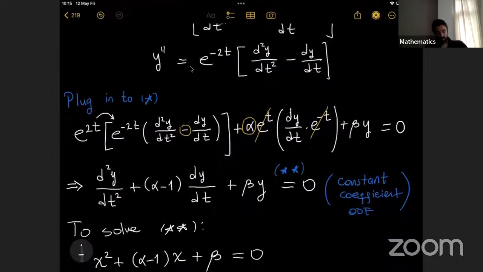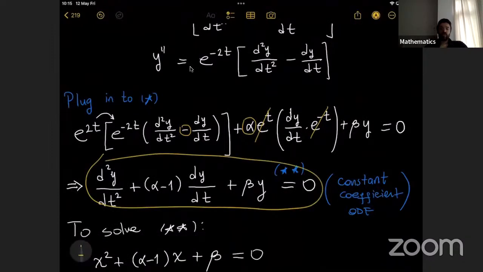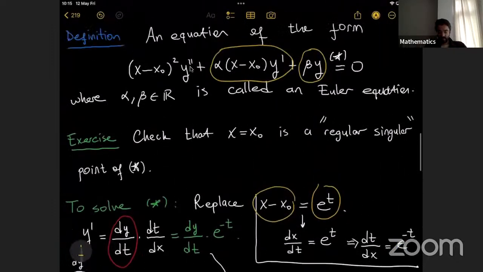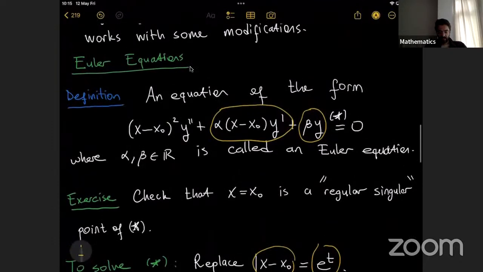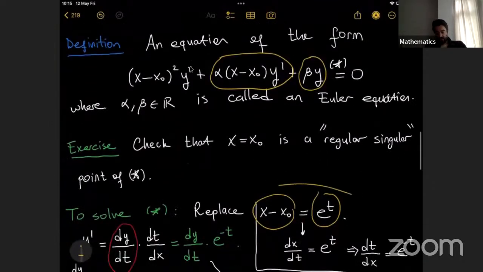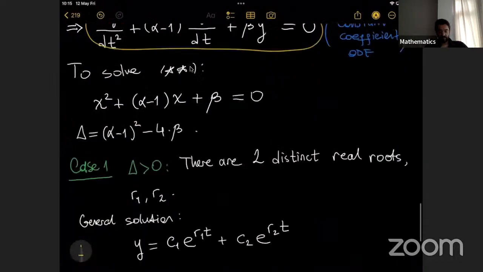This equation. But we would like to solve the first equation. But the first equation is equivalent to the second equation under this replacement. So we replace x minus x0 with e to the t. So what I'm going to do is, instead of e to the t, I will write x minus x0.